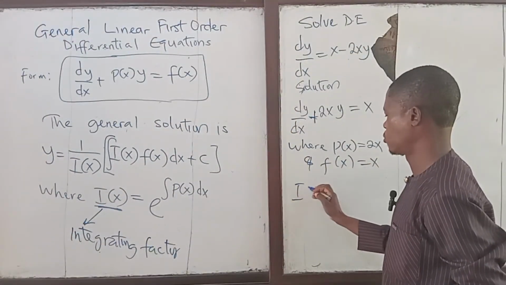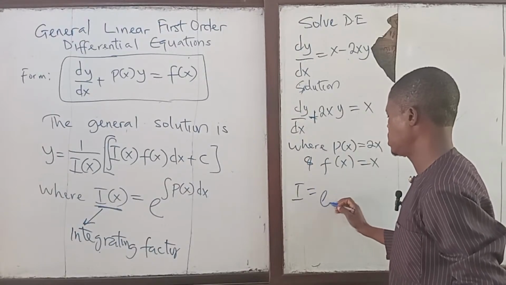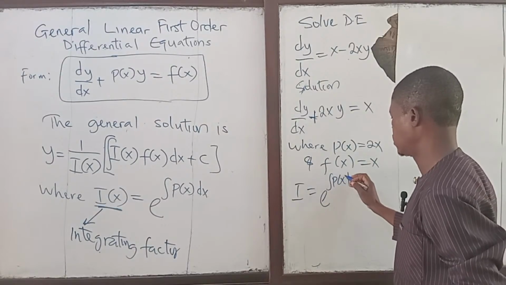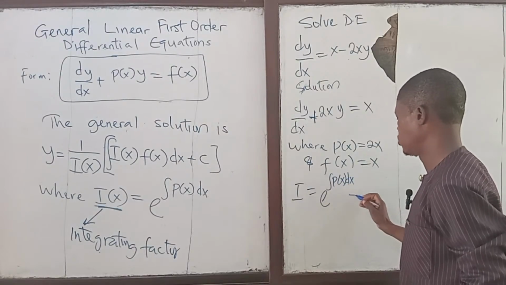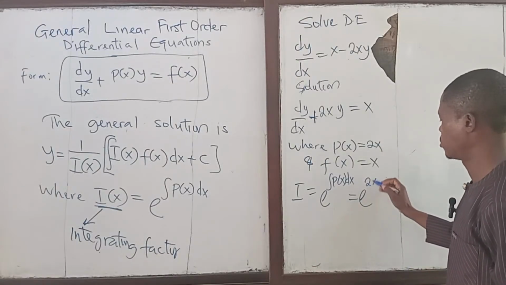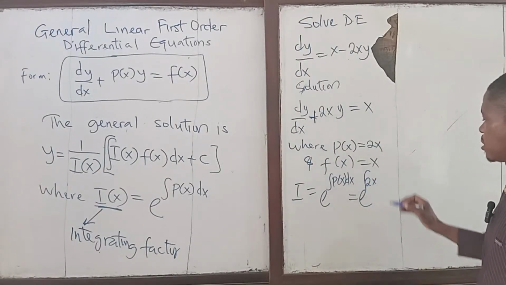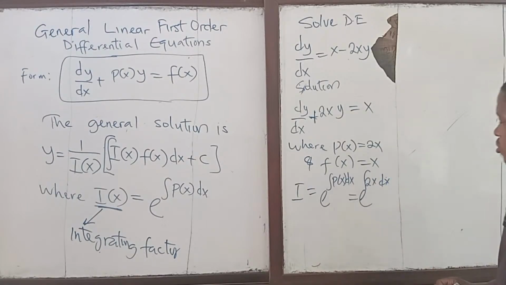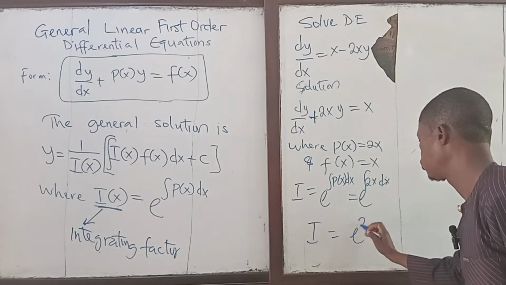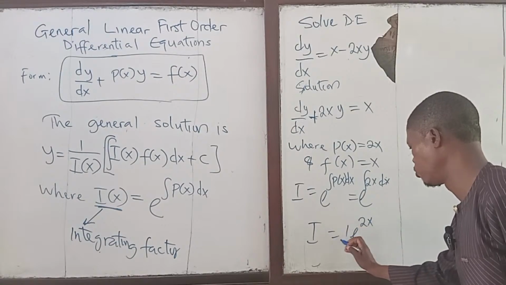The integrating factor is equal to what? e to the power integral p of x dx, and my p of x is 2x. So the integrating factor will be equal to e to the power 2x over 2.